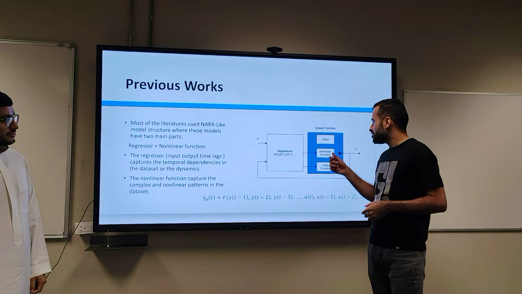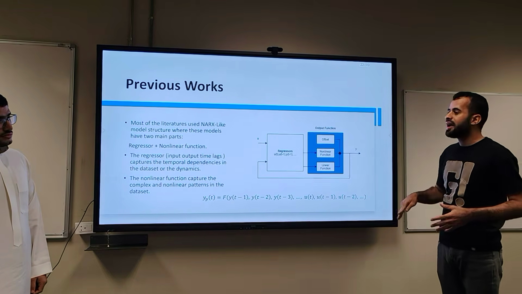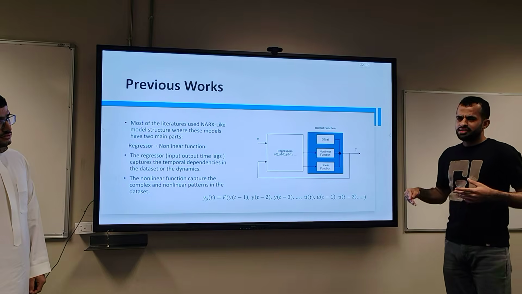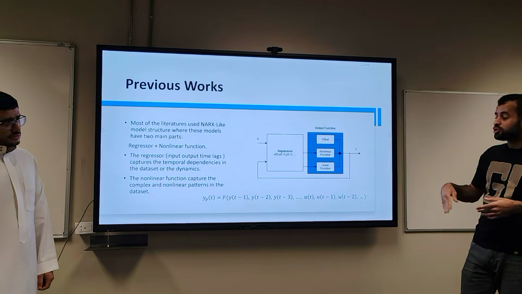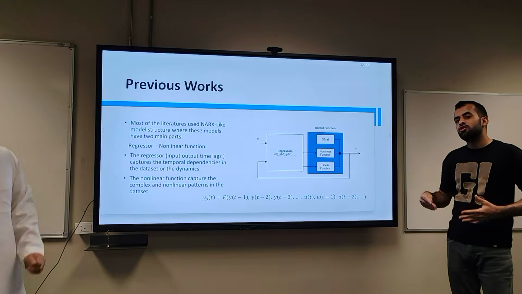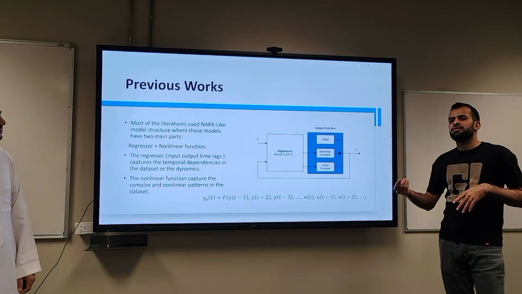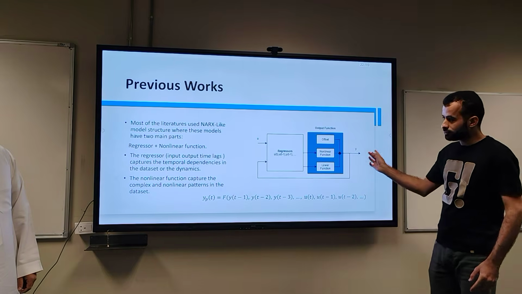And the objective of the nonlinear function is to capture highly nonlinear effects like saturation and dead zones or anything else in the data, and also coupling. As we know in the quadcopter, there is coupling between the six axes, rotations and translations.